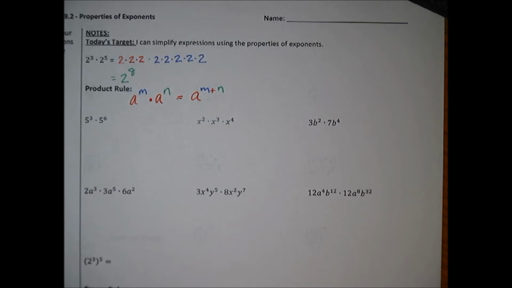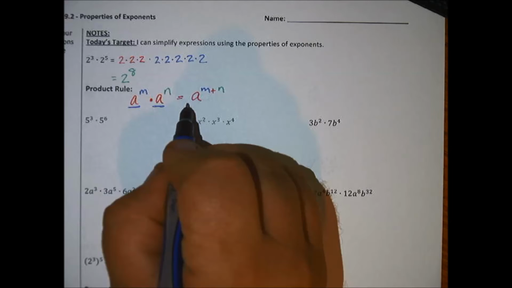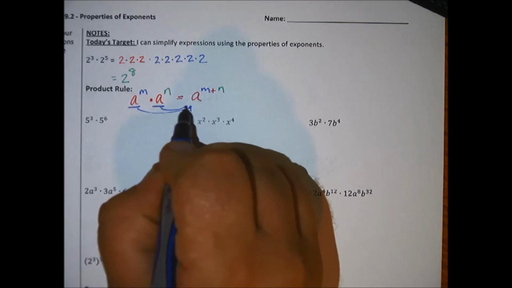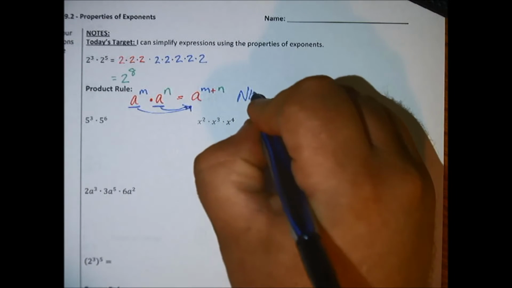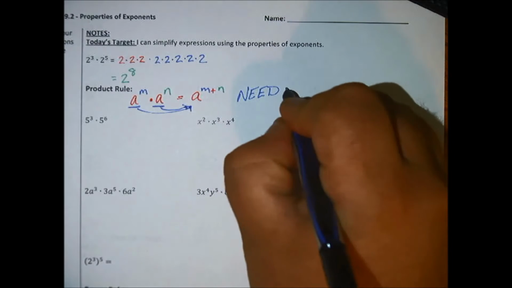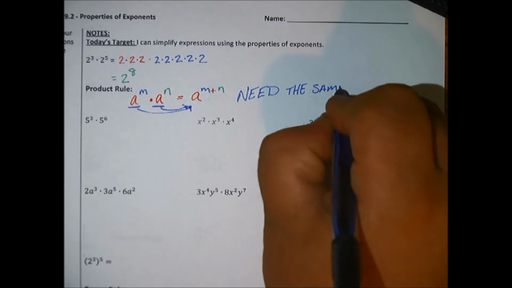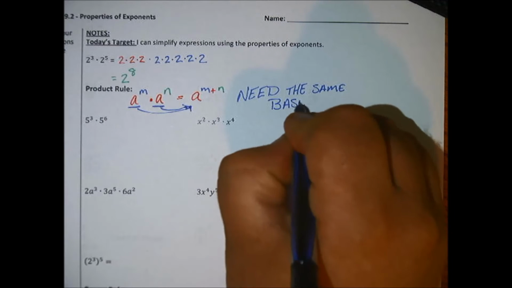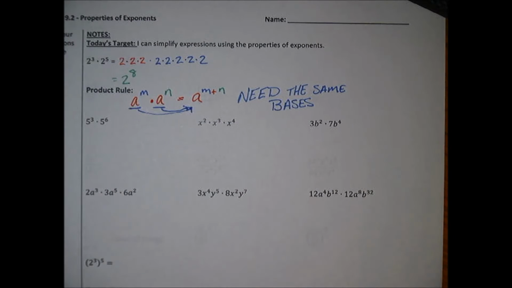Now, if you notice, the one thing that's the same here, the a's, and that's crucial that those two are the same base. We need the same bases. The number that is being raised to a power is called the base. So we need the same bases in order for these problems to work.